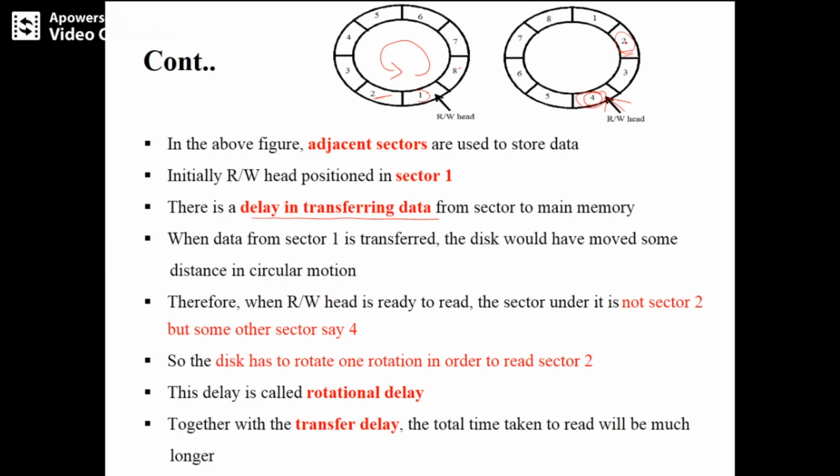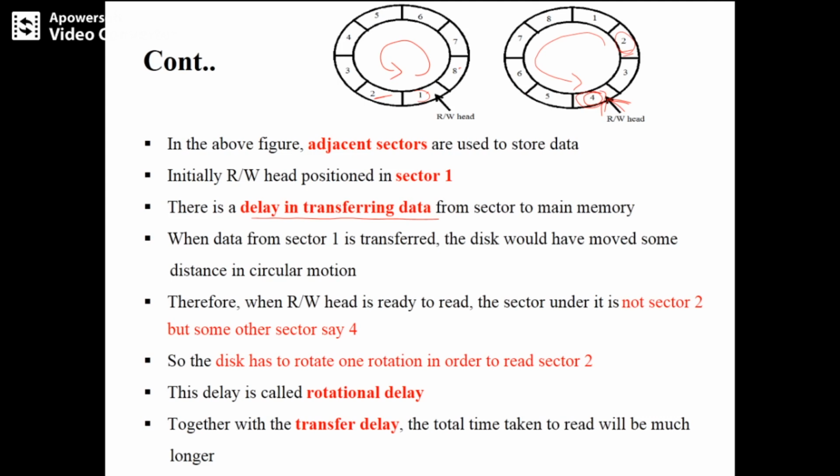So in order to read the data from sector 2, I need to rotate once again so that sector 2 comes under the read-write head. The disk has to make one complete rotation in order to read sector 2. That delay we call the rotational delay.